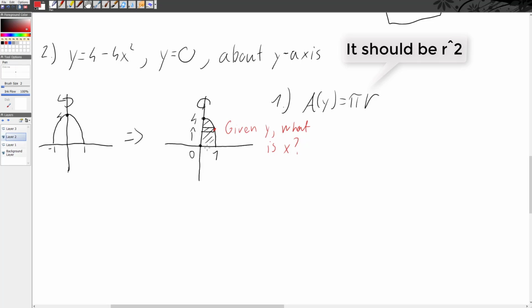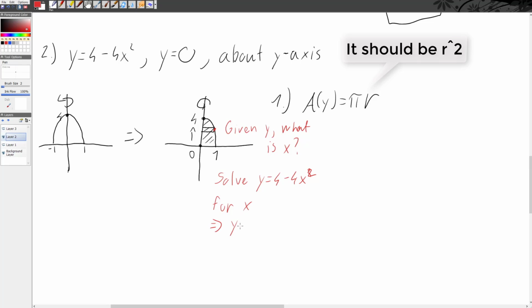What you are trying to find is x. You are trying to find the radius of this disk, so you are trying to find x. So given a y, what is x? What that means is that we have to solve for this function in terms of x.